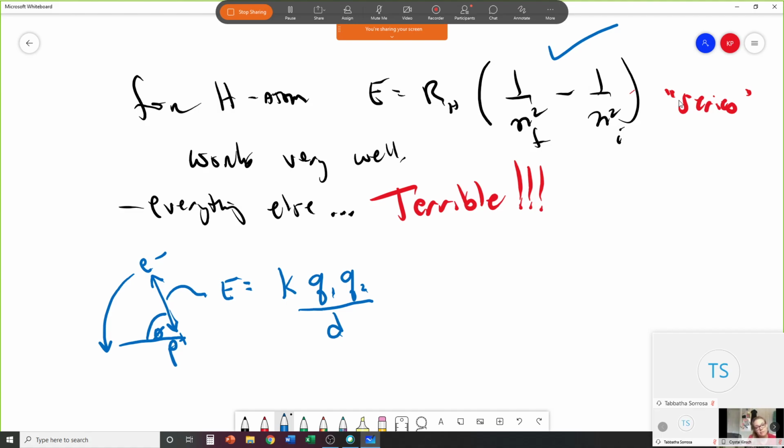The problem is that when you get to multi-electron systems, you have two protons and two electrons, right? That's helium. Now you have this interaction, r1, and this interaction, r2, whatever, it doesn't matter. But you also have another interaction, don't you?